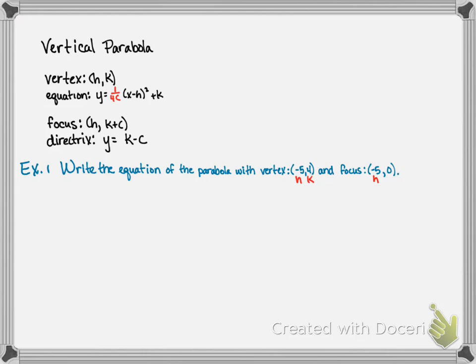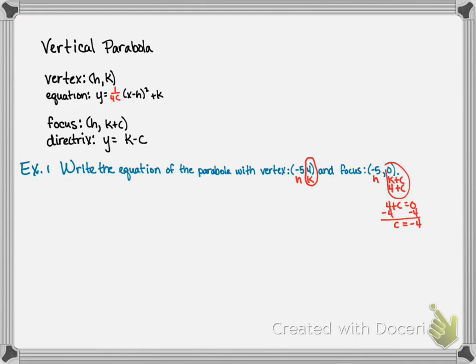Our h is the same value, it's -5 again, and this y value is k + c. But remember, k is 4, so it's 4 + c. So now I can use this information that 4 + c = 0 to solve for c. c must equal -4.